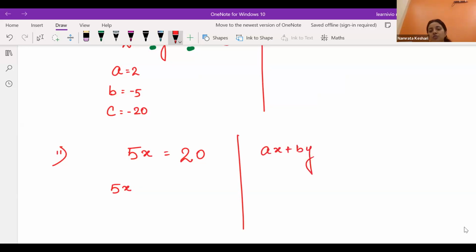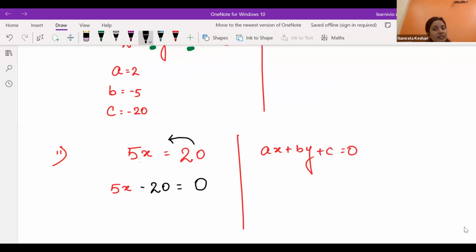Yes, Khadija, we are just recapping the previous concept covered in the last class. After this one we will proceed from here. So we take 5x as it is, and again we have to maintain 0 on the RHS. So we take 20 on this side and it becomes 5x minus 20.